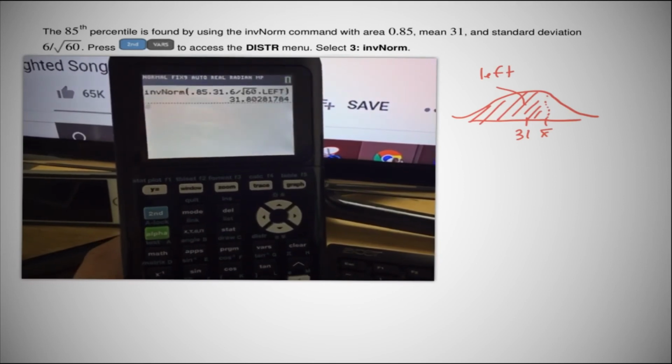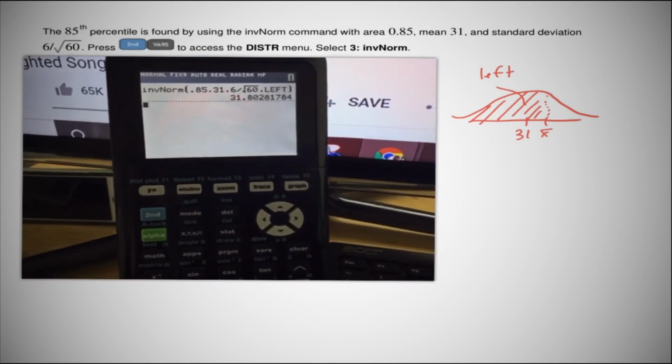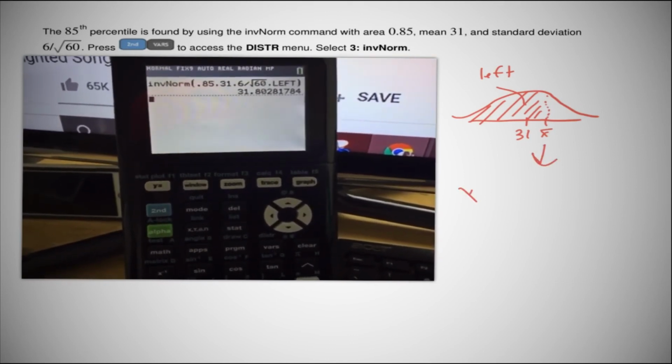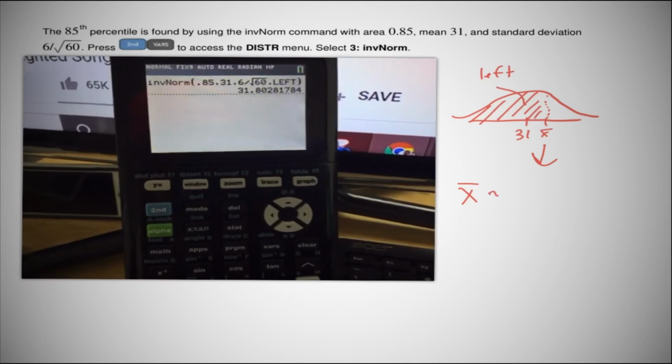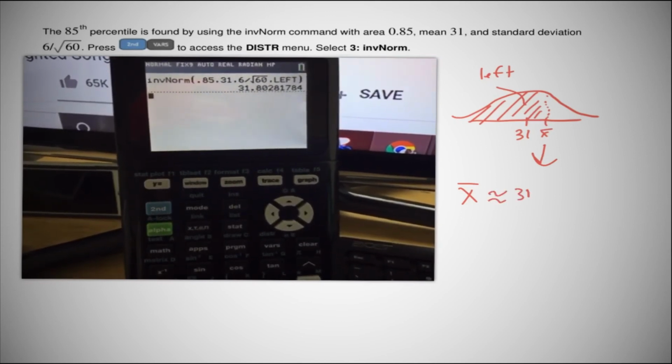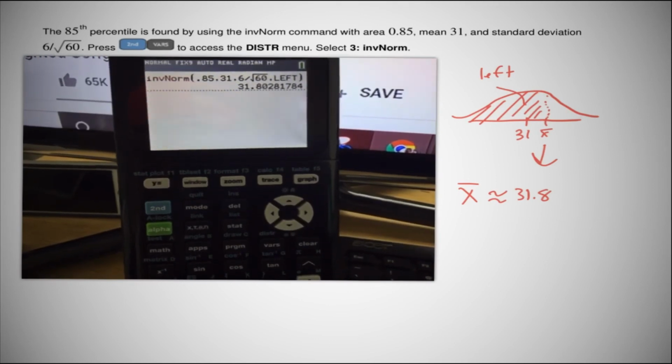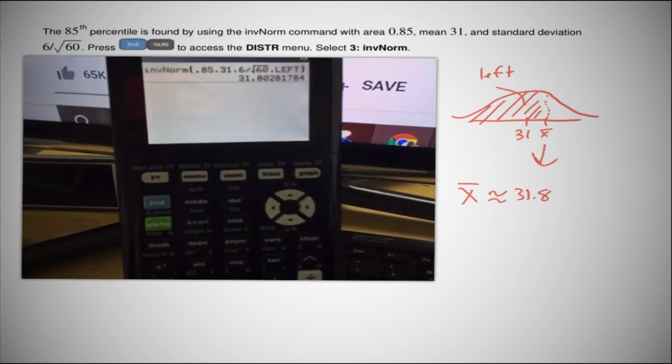Hit enter, and boom. What we just found is our X bar value. X bar is approximately 31.8. Just make sure you read the instructions in terms of how much they want you to round to. So in conclusion, we could say that the 85th percentile is 31.8.